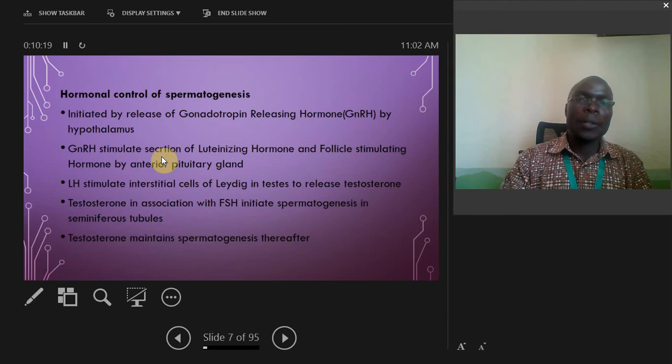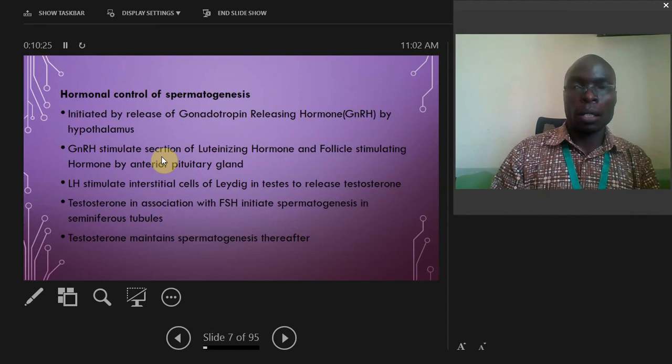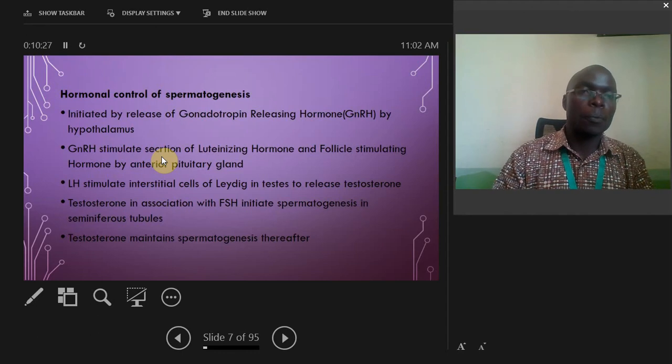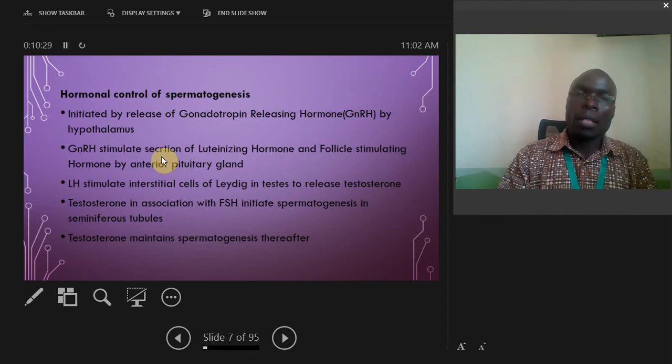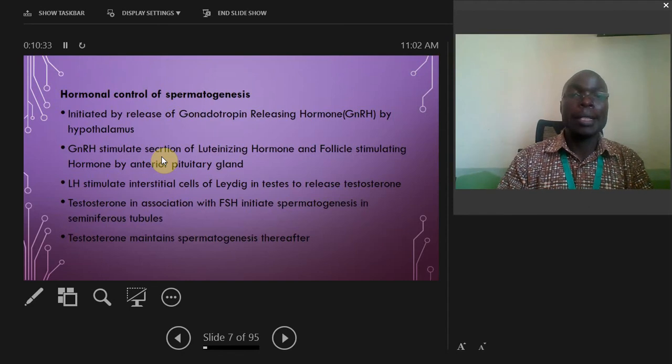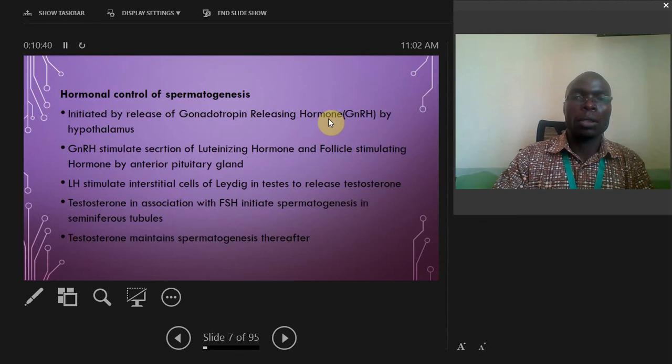Now, spermatogenesis, or sperm formation as it were, is controlled by a number of hormones. The process at puberty is actually initiated by a release of a hormone called gonadotropin releasing hormone, generally GnRH.